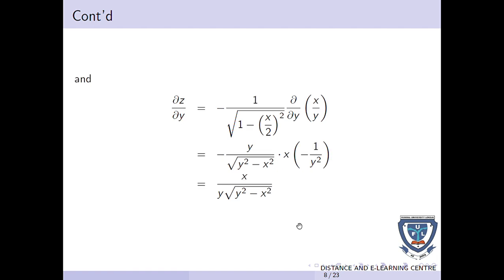Then partial z partial y, remember the first one we did is partial z partial x, so partial z partial y, you're going to have equal to minus 1 over square root of 1 minus x over y all squared, times partial of x over y. And when you take the derivative properly, you're going to have x over y square root of y squared minus x squared.